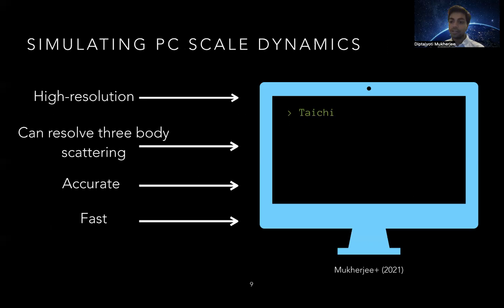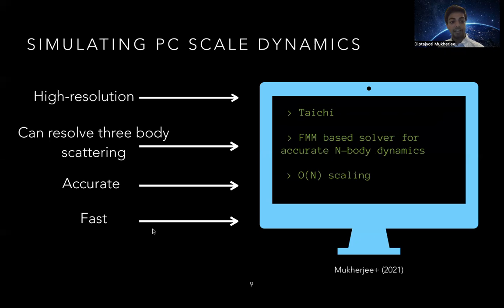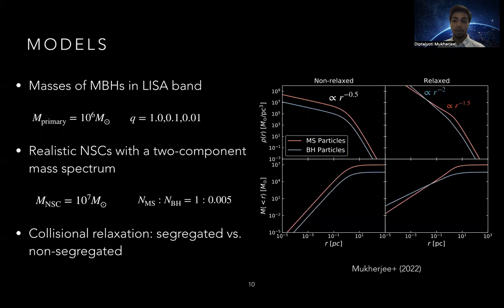So we wrote one such code in 2021 called Taichi, which uses a way to solve force called the fast multipole method that is as accurate as direct N-body summation, which you might expect requires N squared pairwise force calculations, but does it in O(N) operations. So it's a really fast code that fulfills all of our other accuracy criteria as well.